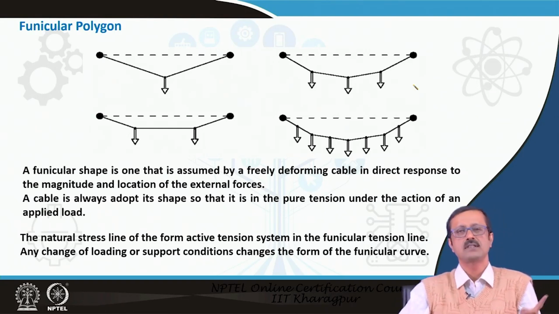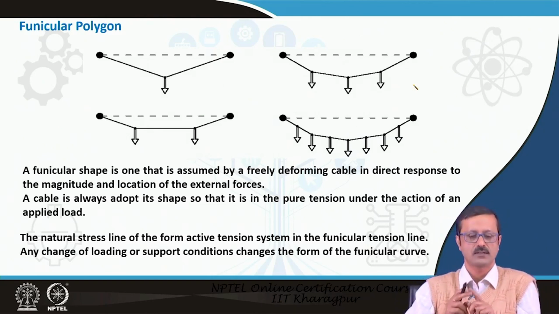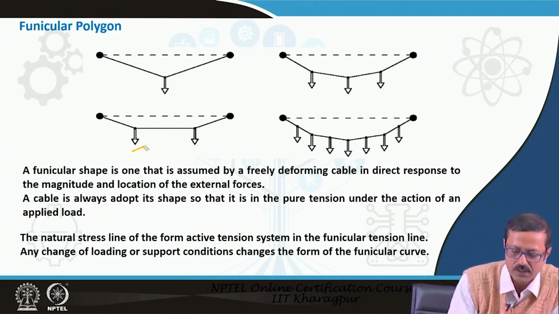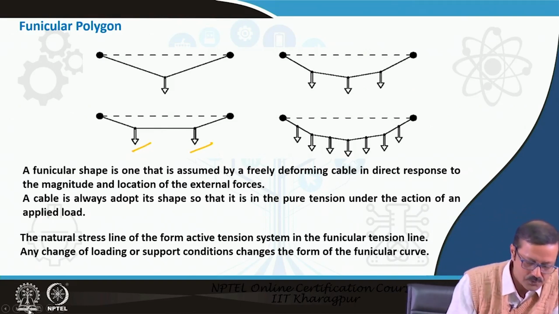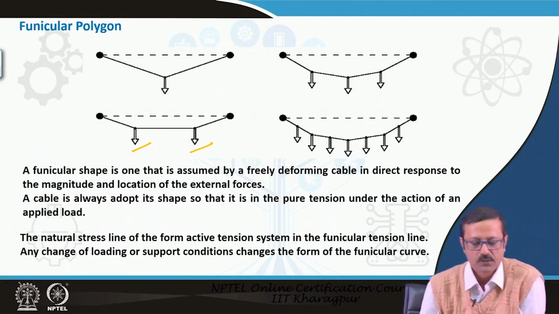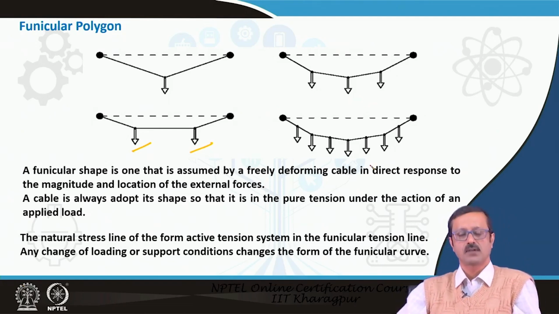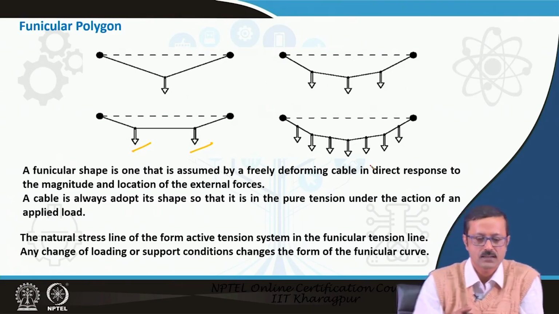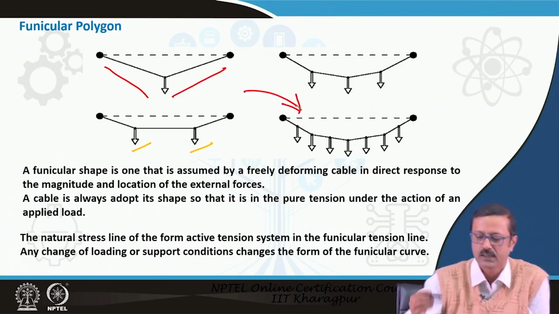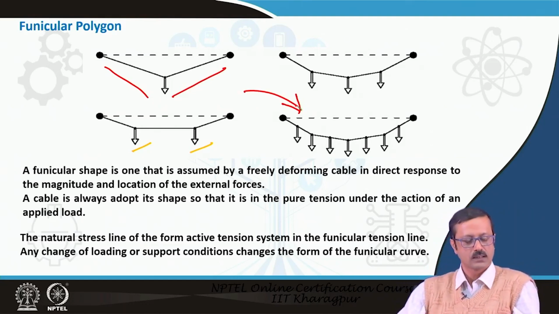What we have discussed in the last example is one typical external force applied on a cable. Now, if I increase the number of forces, suppose there are two such forces, sometimes 3 or maybe more, this triangle will start moving and finally go to a polygonal shape, with small breaks in the cable.